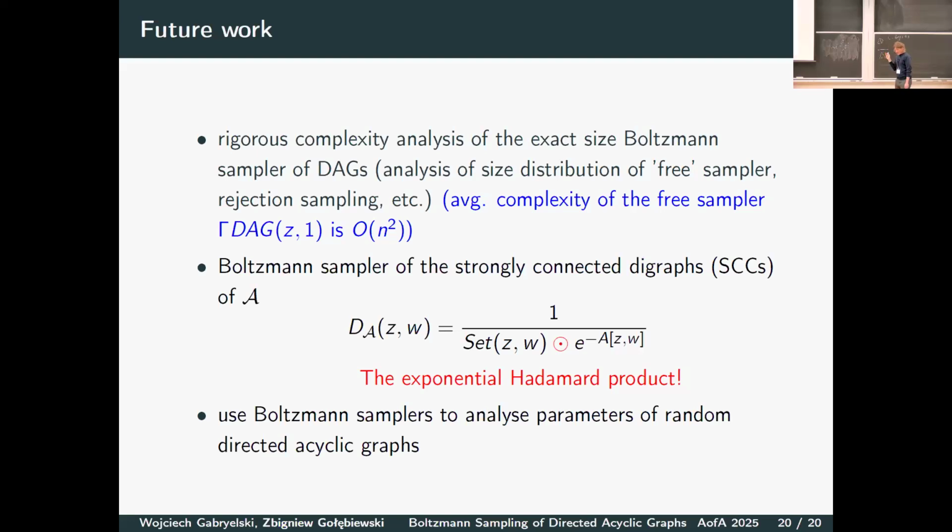Okay, so what's the future work? First of all, exact size sampling is the thing that we wanted. Usually this means that we Boltzmann sample structures and reject them until we get the size that we need.